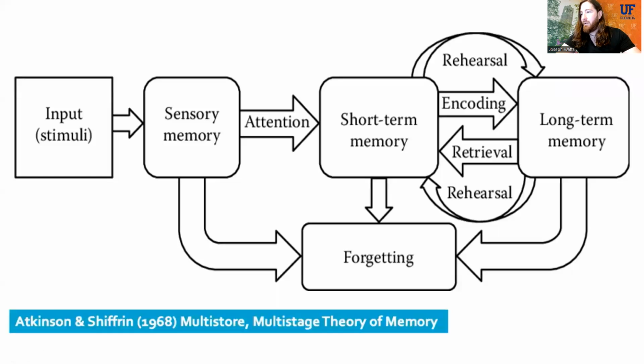Building on the idea of the brain as a computer in more detail, Atkinson and Shiffrin, these two cognitive scientists, created this multi-store, multi-stage theory of memory that this flow chart and figure displays.